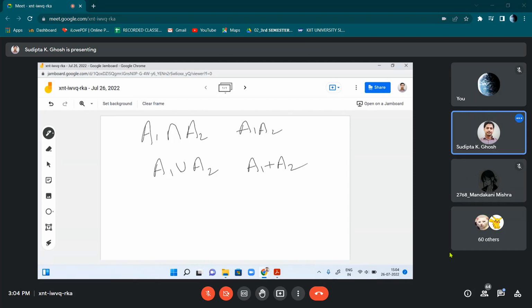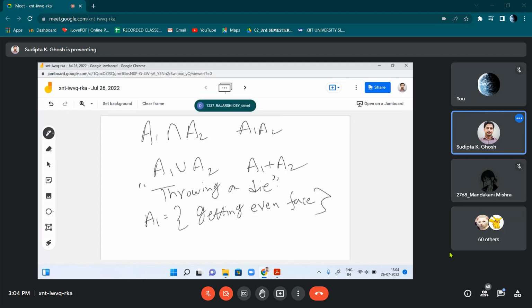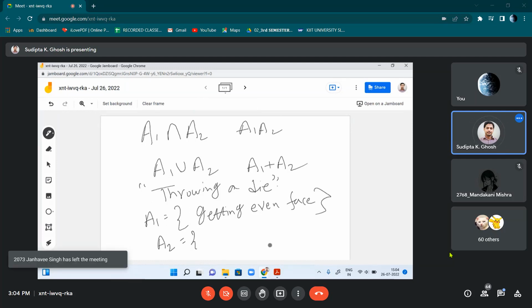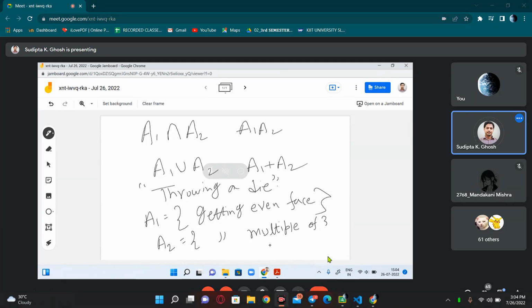Suppose we are throwing a die. Suppose A1 is an event such that A1 is getting an even phase, and A2 is another event, getting a multiple of 3.